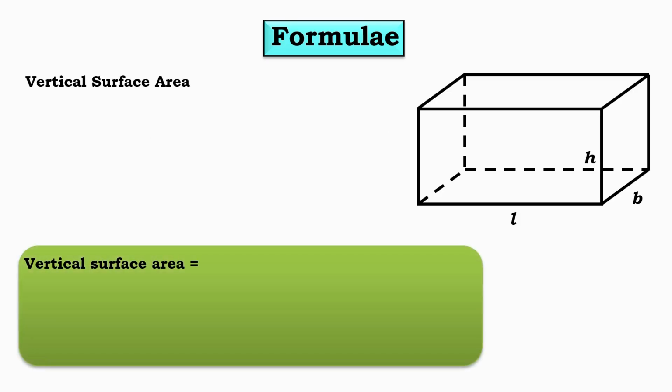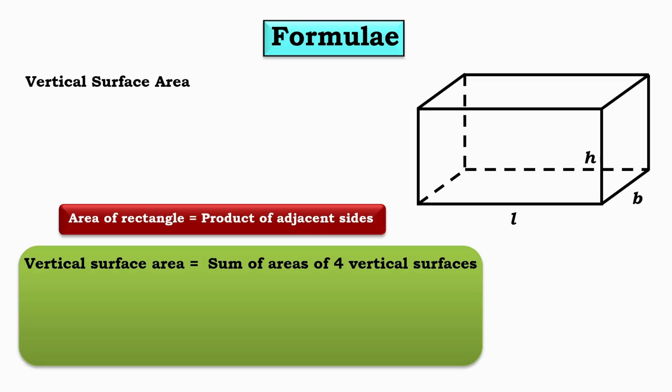So the vertical surface area is equal to the sum of the areas of the 4 vertical surfaces, each of which is a rectangle. If we find the area of each rectangle and add them, we get the vertical surface area.